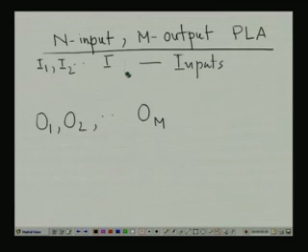So, this should be I1, I2, IN. In the PLA design, there will be 2 to the power n number of product lines.